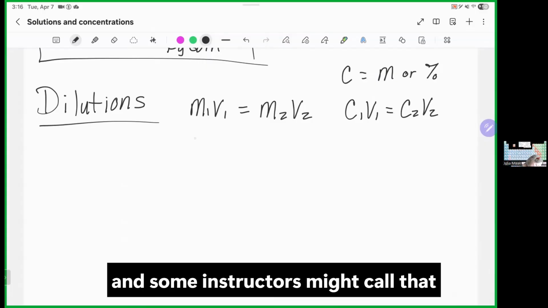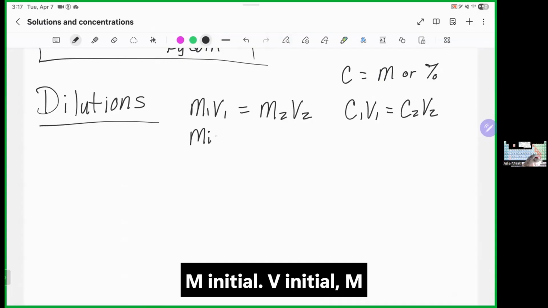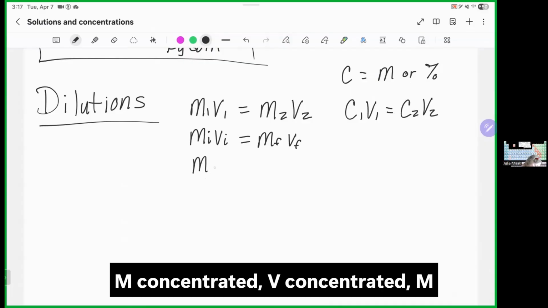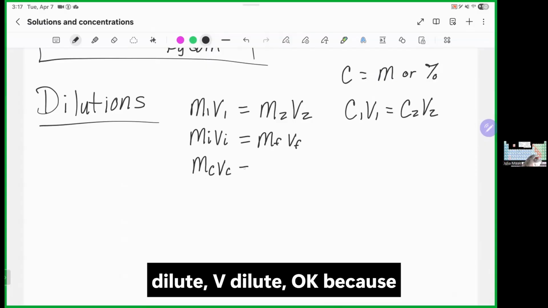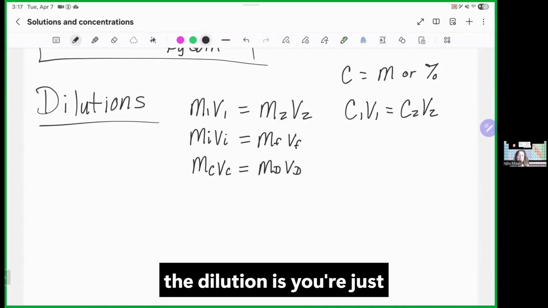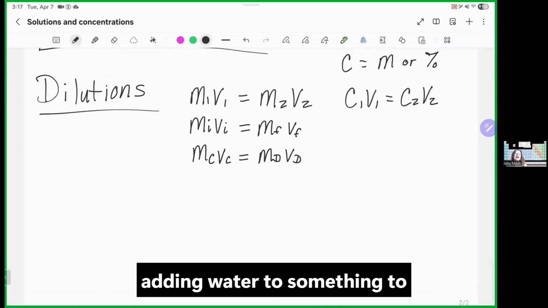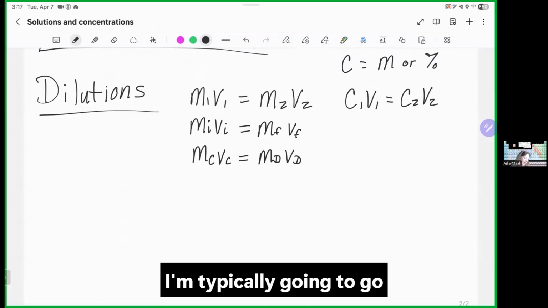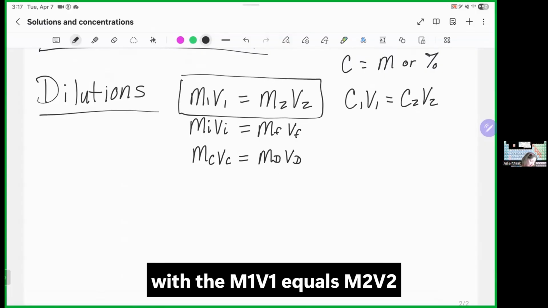Some instructors might call that M initial, V initial, M final, V final. They might call this M concentrated, V concentrated, M dilute, V dilute. Because a dilution is you're just adding water to something to make it less concentrated. I'm typically going to go with the M1V1 equals M2V2.